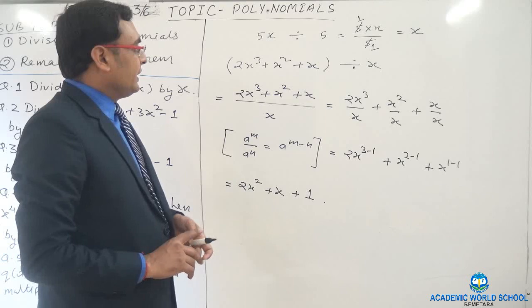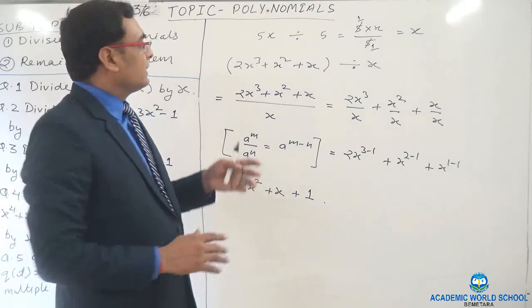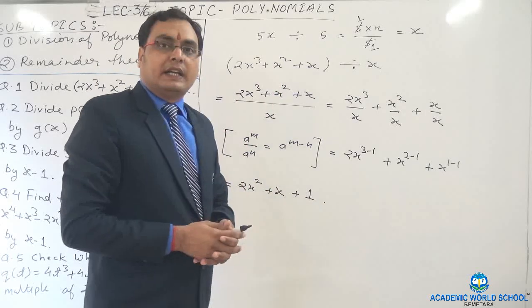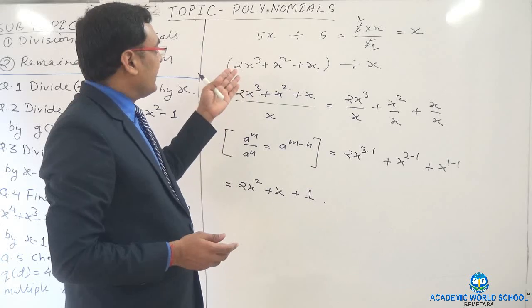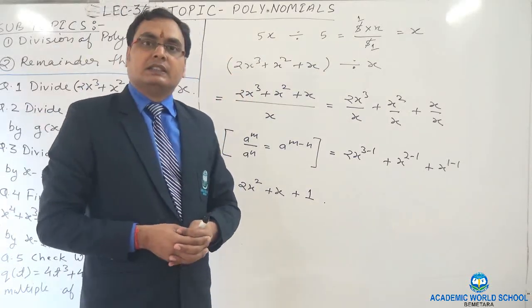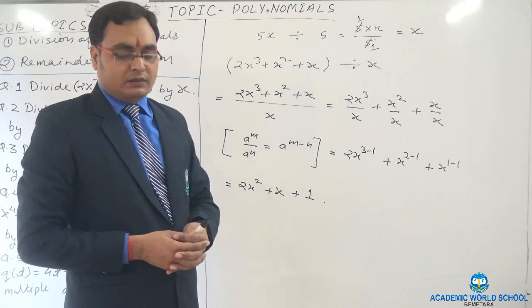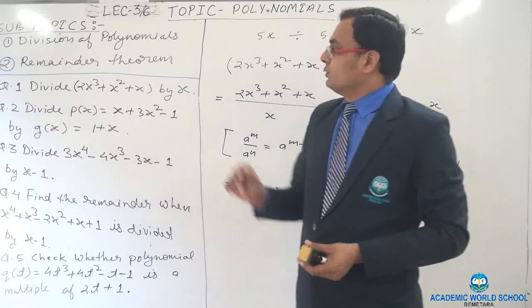Further, if we move to other polynomials which have more terms than this monomial and higher degree than this cube, then also we can divide these polynomials. We will see this in our another example, that is example 2.